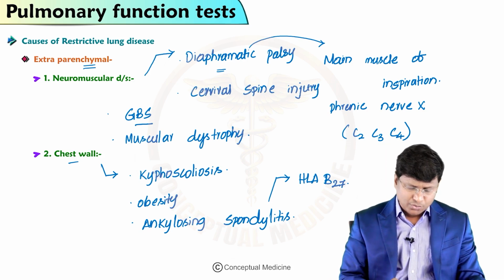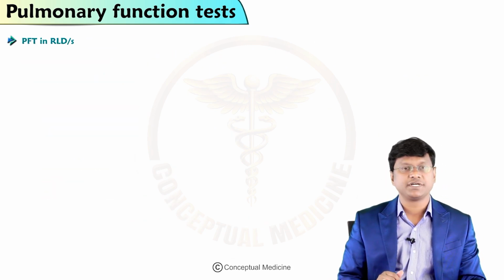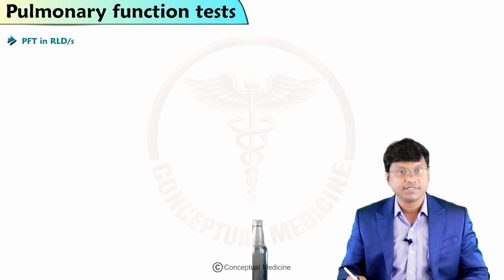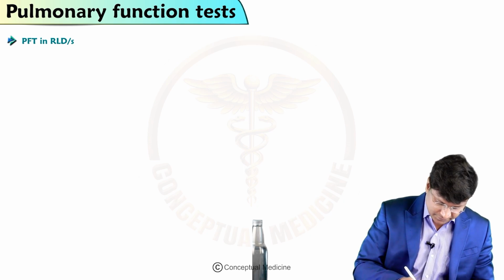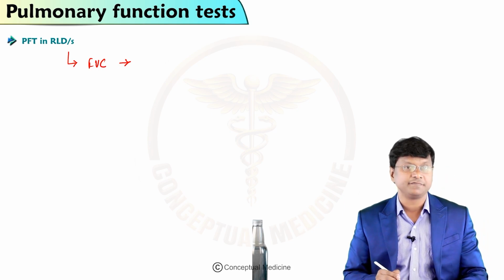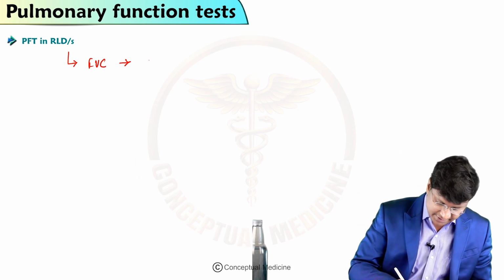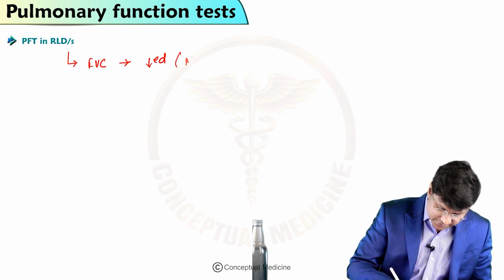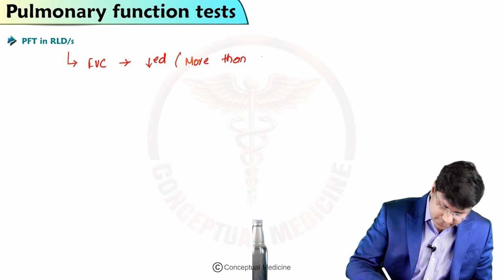Now, let me tell you what will be the pulmonary function test in restrictive lung diseases. First of all, the first step in the interpretation of the pulmonary function test is the FVC. Forced vital capacity is decreased, right? And how much is it decreased? It is decreased more than in obstructive lung diseases.